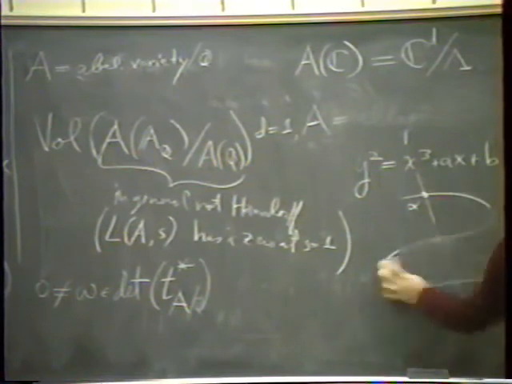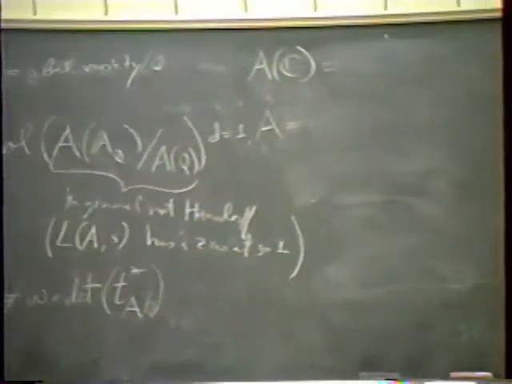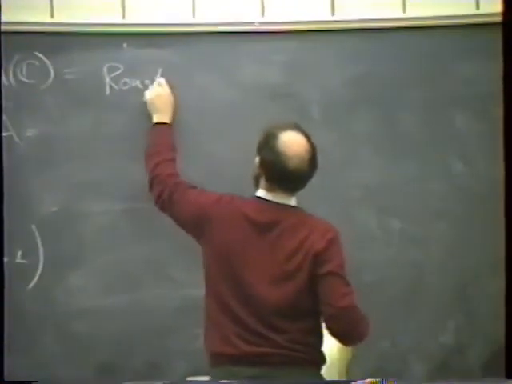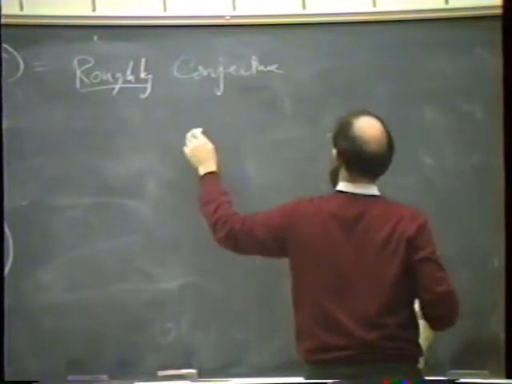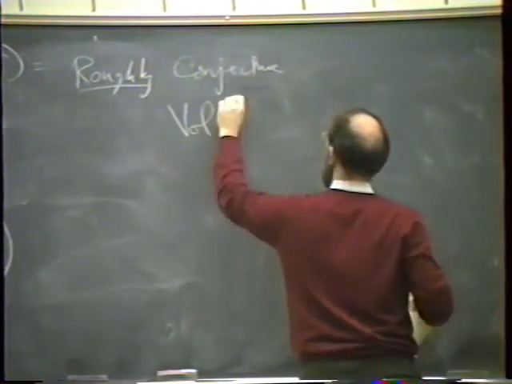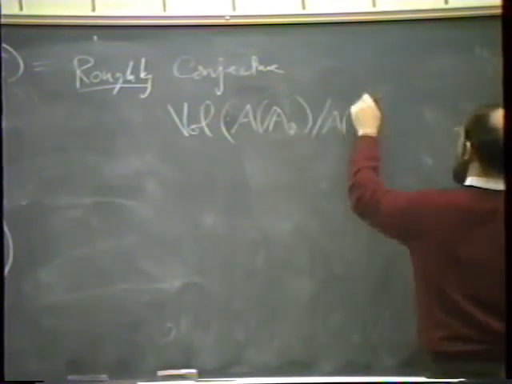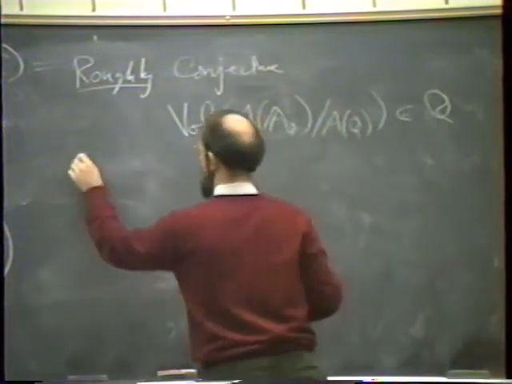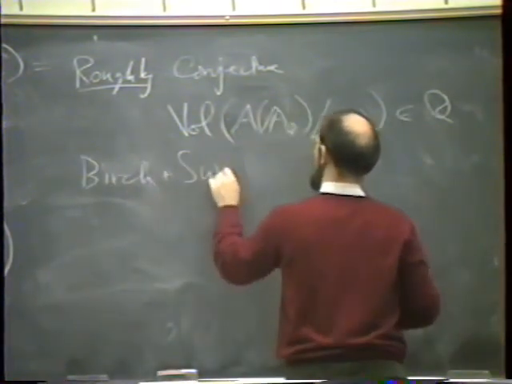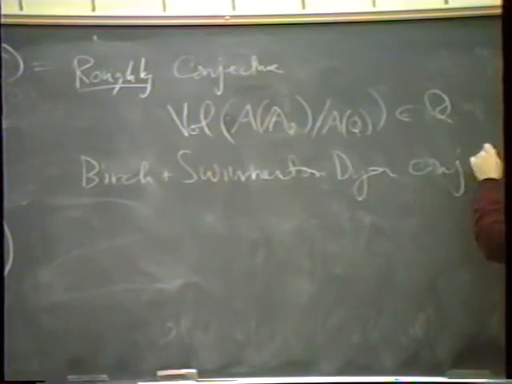And roughly speaking, the resulting conjecture, again I stress roughly, the conjecture is that the volume for this measure of A(Q) over A(Q), where Q is the rational numbers, is the so-called Birch and Swinnerton-Dyer conjecture, roughly.